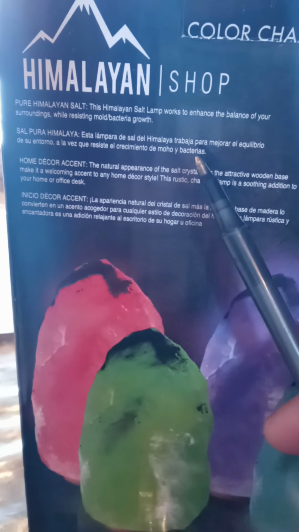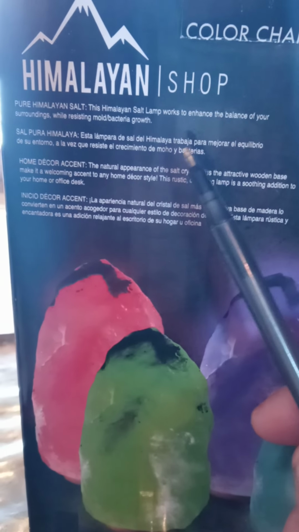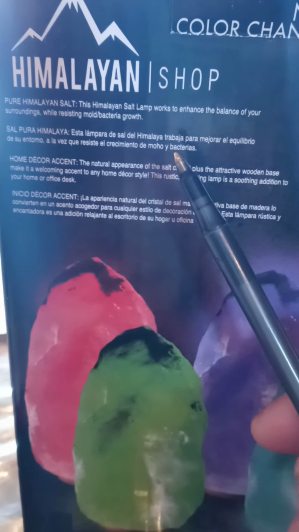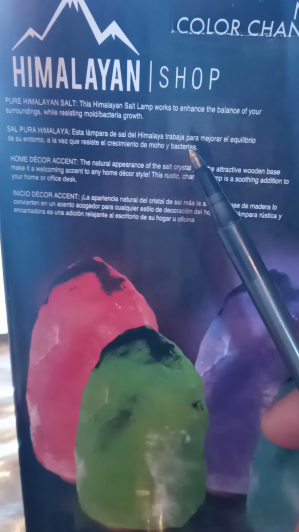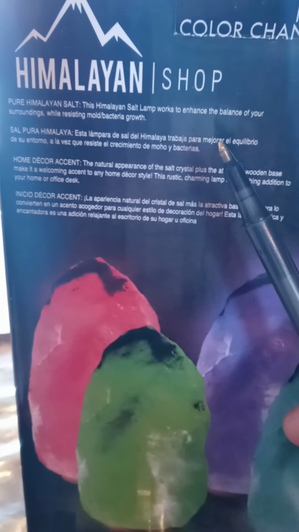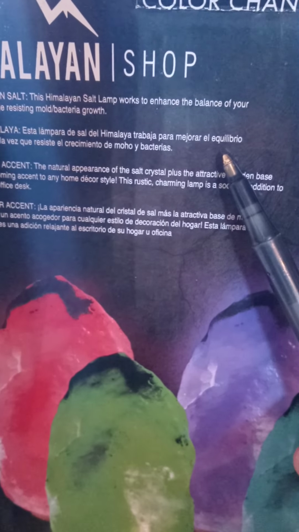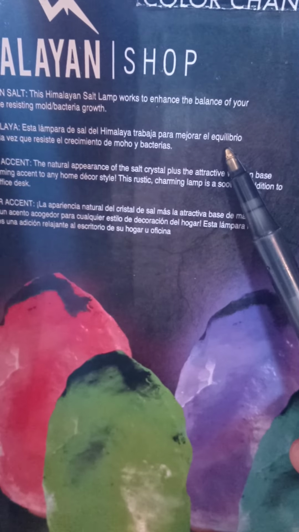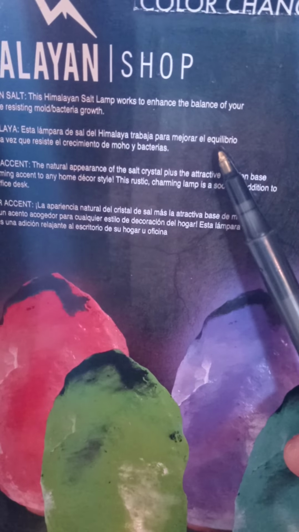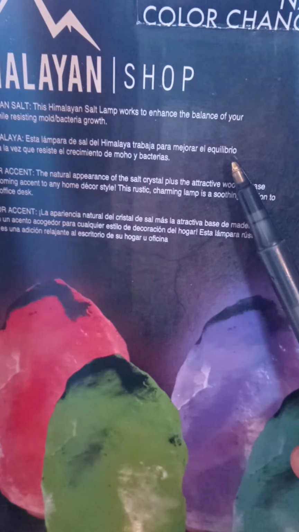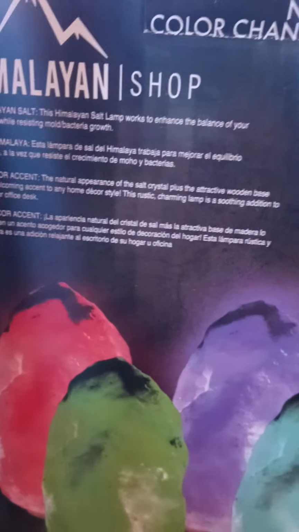And here, the Himalayan works for, to get better the balance. Balance is equilibrio. Equilibrio, if you see the Q-U-I in Spanish, that's pronounced like a key, K-E-Y in English, like you find a key for the door.